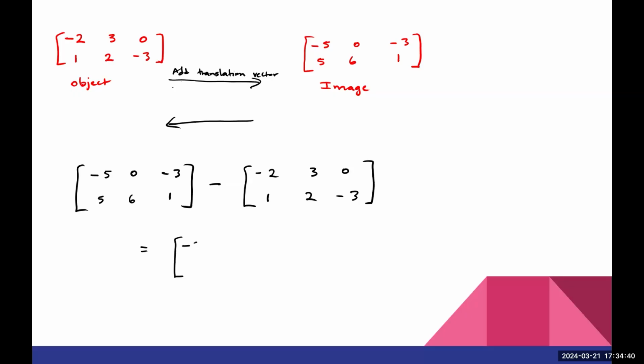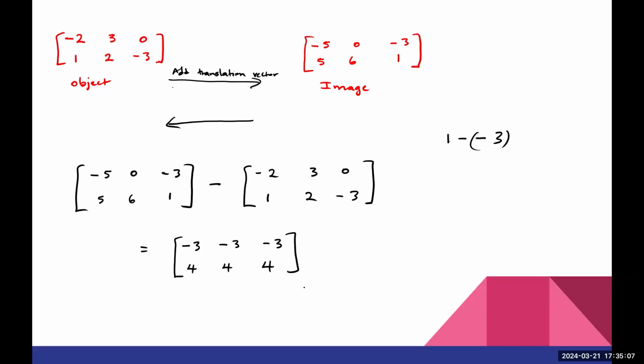So this is -3, -3 again for the top row. -3, and -3 again. Down here, 4, 4, and check the last one. It's 1, take away -3, which is 4. So the last one is 4, not -2.